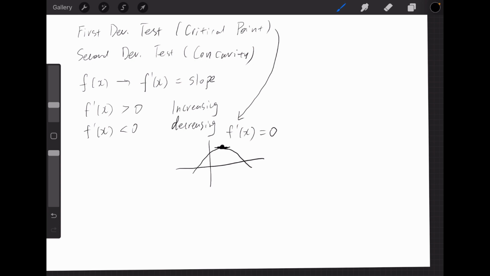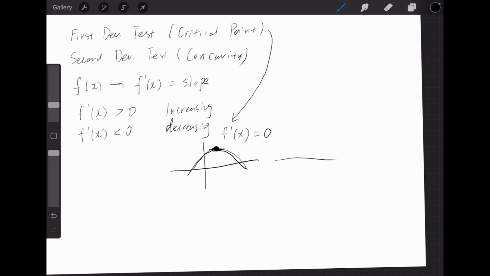For example, in this graph, when the slope is 0, which means it's a critical point, this point is the maximum. And if we reflect it across the x-axis, you would see that the slope is still 0, it's still a critical point, and it's the minimum of the graph.